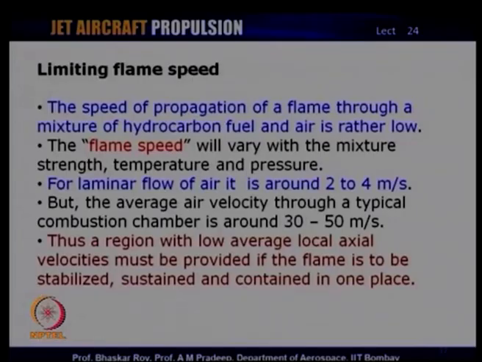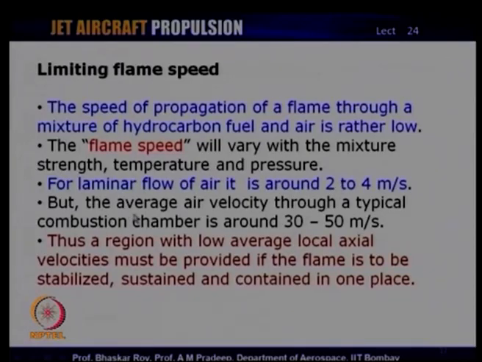The speed of propagation of the flame through a mixture of fuel, which is normally hydrocarbon fuel, and air is rather low, and the flame speed will vary with mixture strength, temperature and pressure. For laminar flow, the flame speed is around 2 to 4 meters per second.